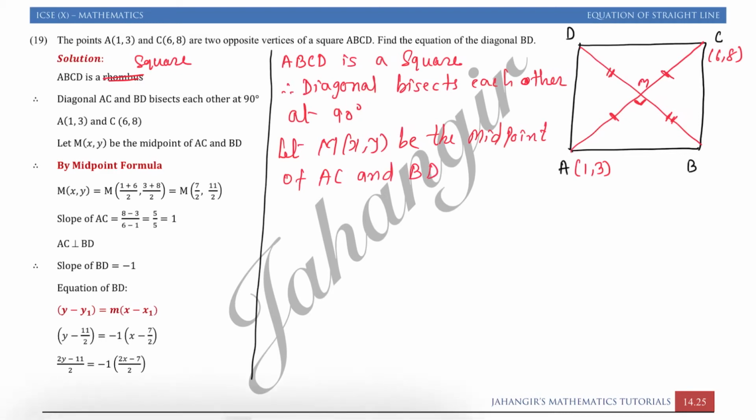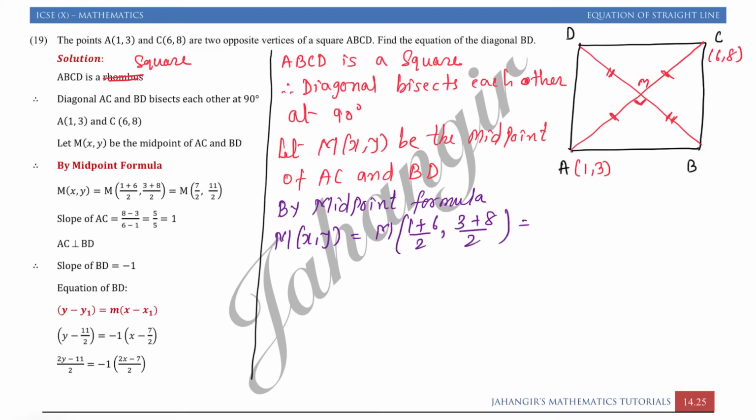So we can say by the midpoint formula, M(x, y) is equal to (1 plus 6 upon 2, 3 plus 8 upon 2). So that is (7 by 2, 8 plus 3 is 11 by 2). We got the coordinate of M.